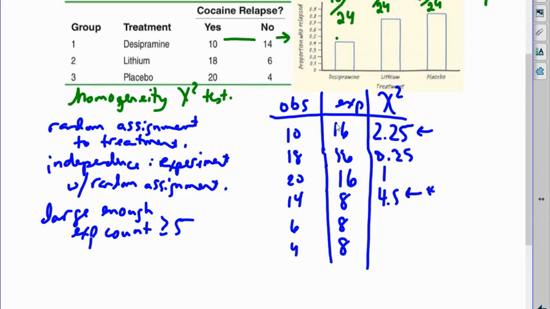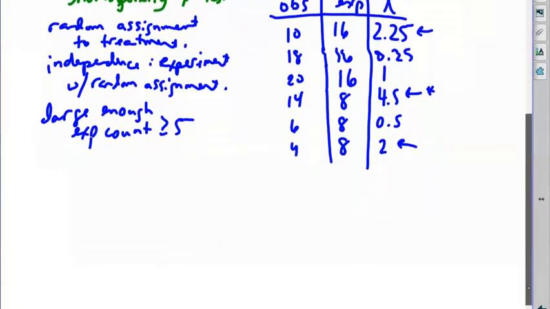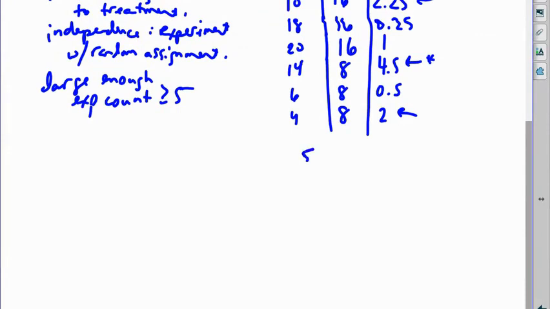That one is the largest contributor, although together with those other two, it's contributing over half, because the sum of the chi-squareds is equal to 10.5.